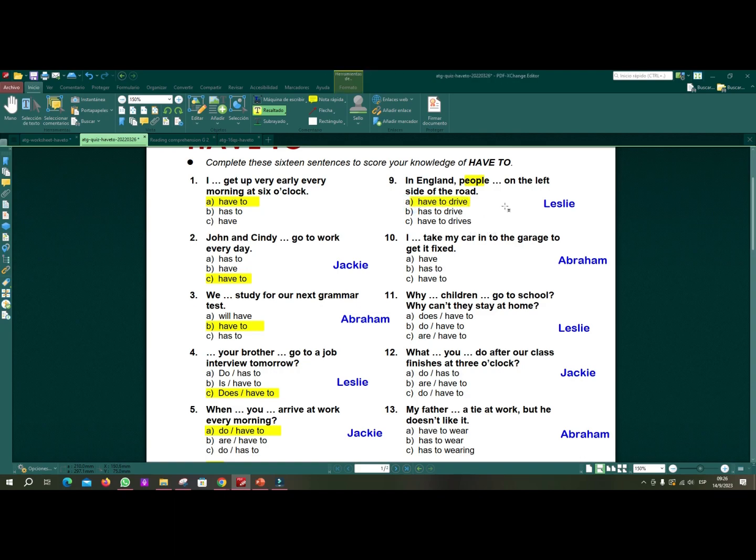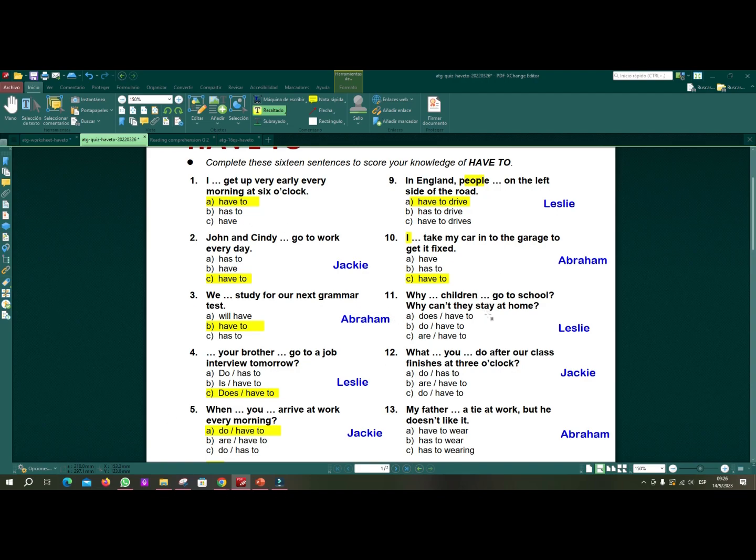So in England, people have to drive on the left side of the road. Nice. Mr. Abraham, 10. What do you think about that one? Letter C, teacher. Yes. I have to take my car into the garage to get it fixed. Nice.